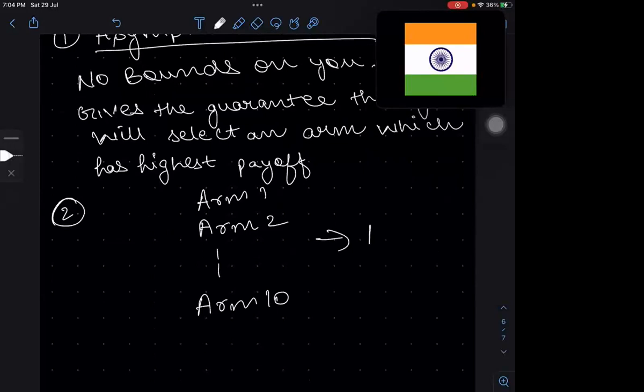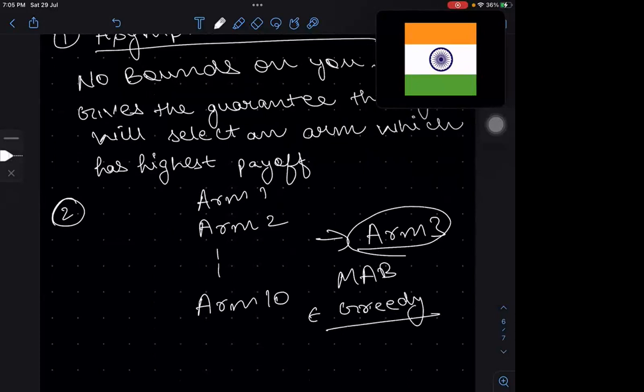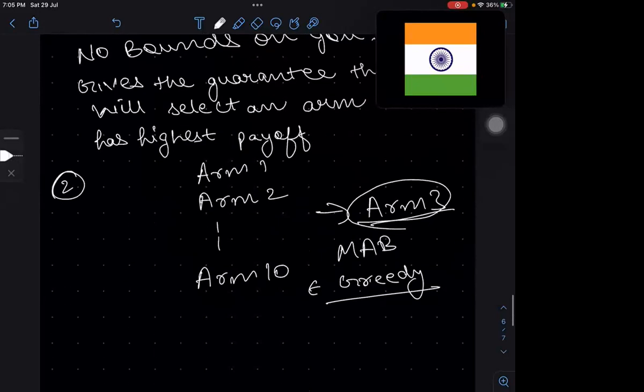Now I'm saying that arm 3 is the best one. I did some bandit approach, like greedy or epsilon greedy. Now I said that arm 3 is the best one. Is it asymptotically correct that arm 3 is the best one? What do I mean by that?